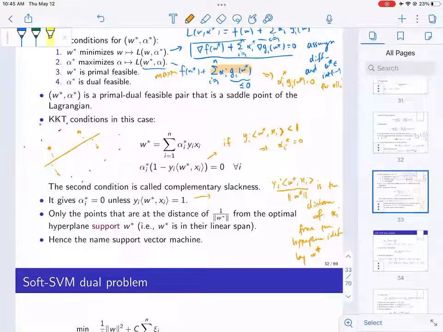There's some sort of robustness: if I perturb the points that are away from the hyperplane, nothing changes as long as these support points remain the same. So it's a nice geometric idea, which just follows from writing down the KKT conditions.